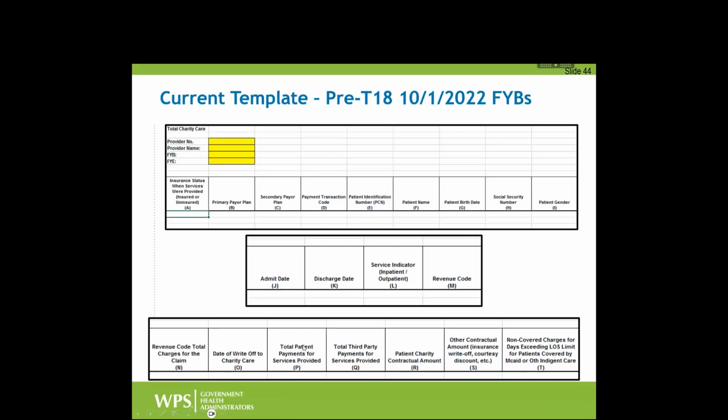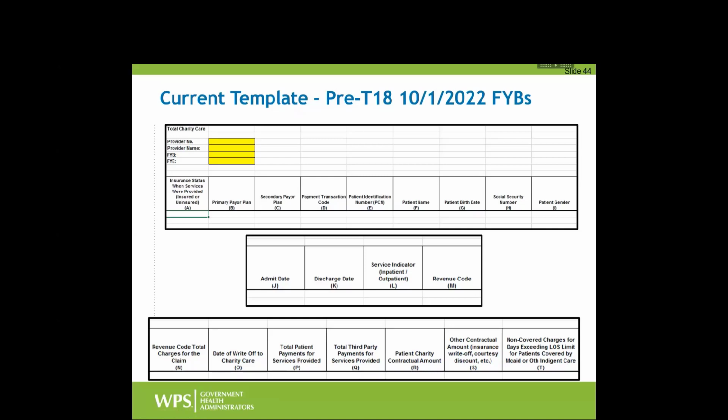So now we look at what we call the charge components. Total patient payments for services provided. Now I want to stress, this is what I was talking about earlier. This is all of the payments, whether it was for a charity care amount, whether it was for the rest of the claim. This is all of the payments that you've accepted.